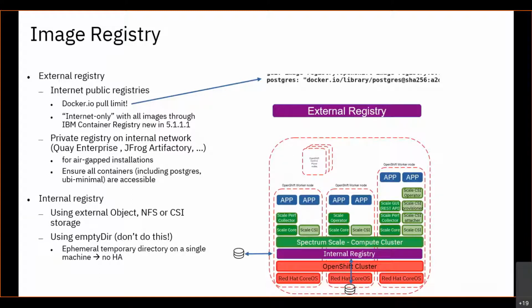I would just put out a word of caution to avoid the potential way to use the so-called empty dir construct for the internal registry, because that at the end is just using some storage from a given core worker node to build the registry.